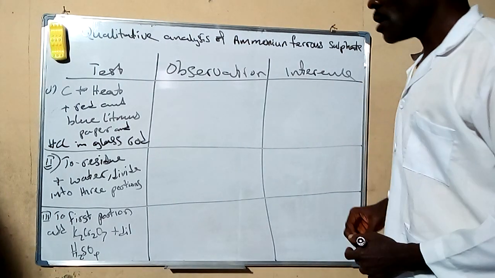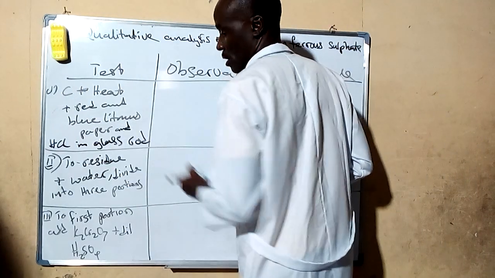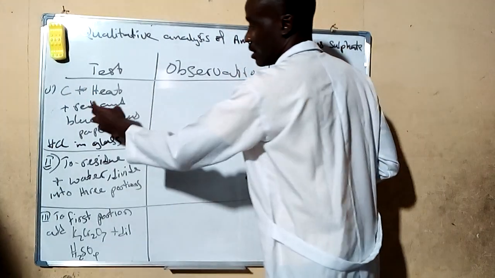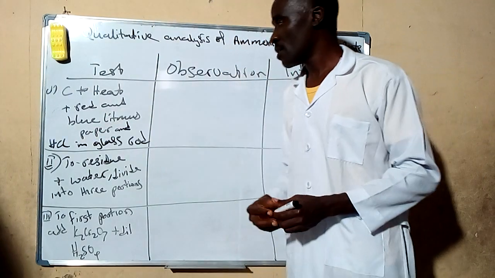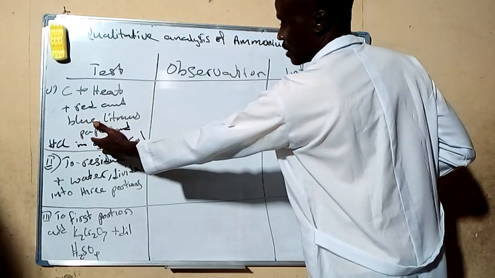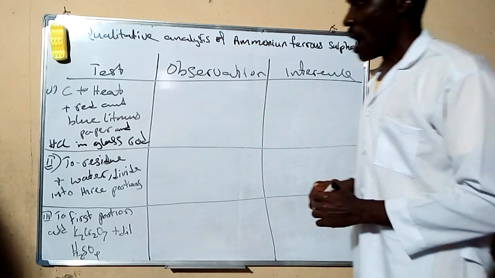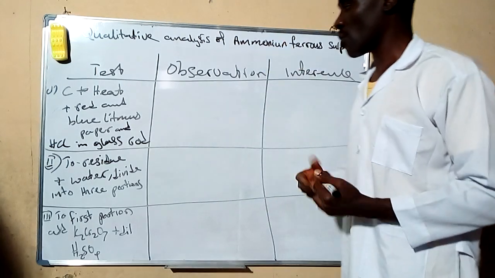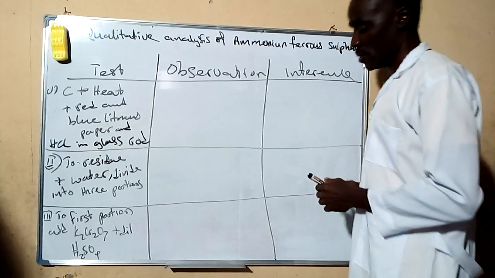In the first test, C, which is the sample, is heated. When it's heated, you test with red and blue litmus paper. The next thing is that you place dilute or concentrated hydrochloric acid on a glass rod at the gas that is going out.